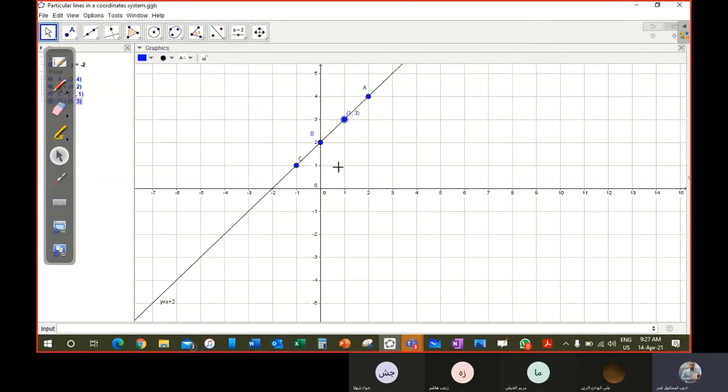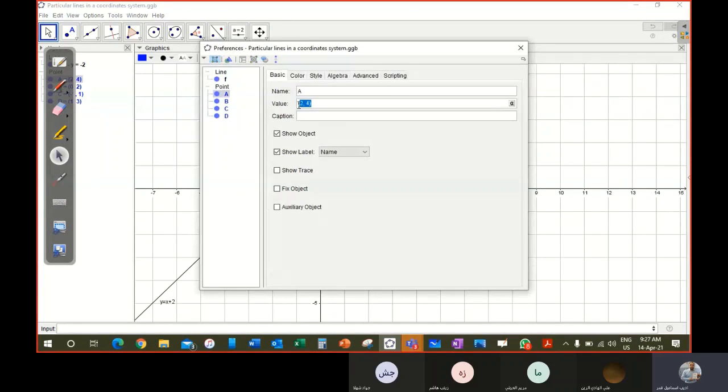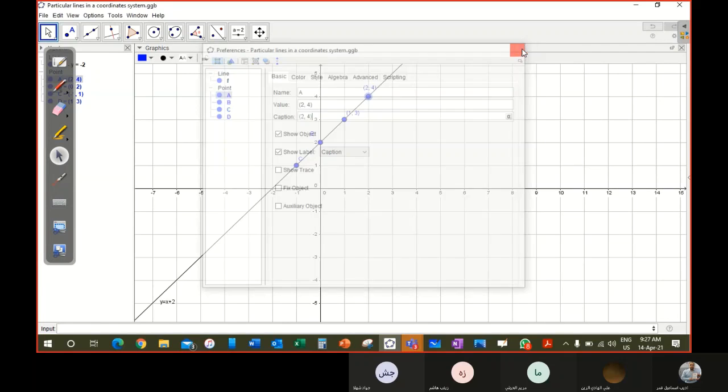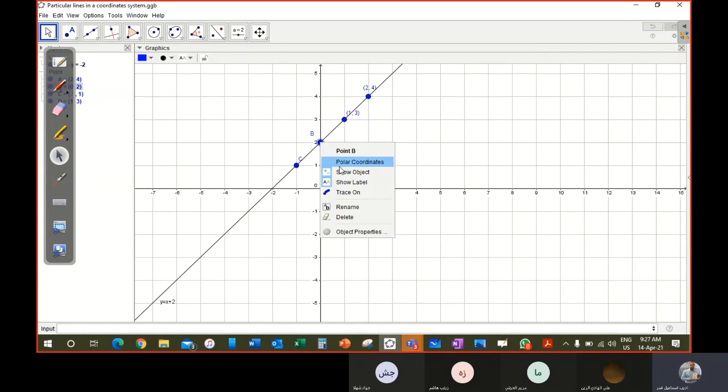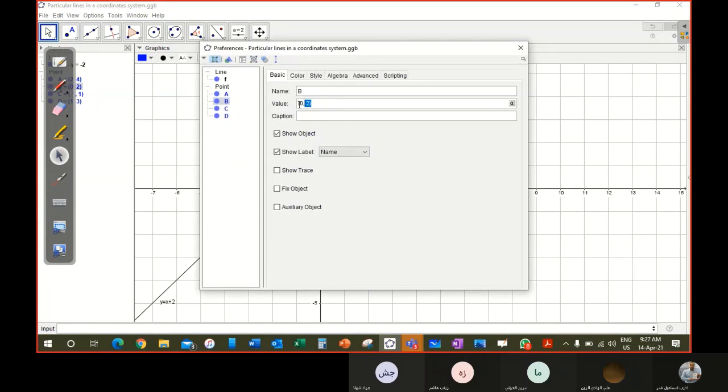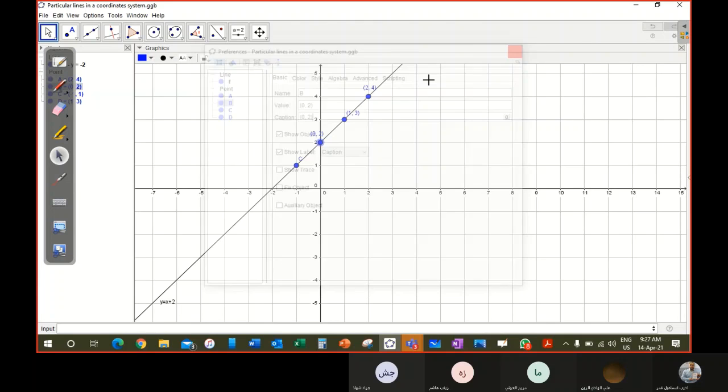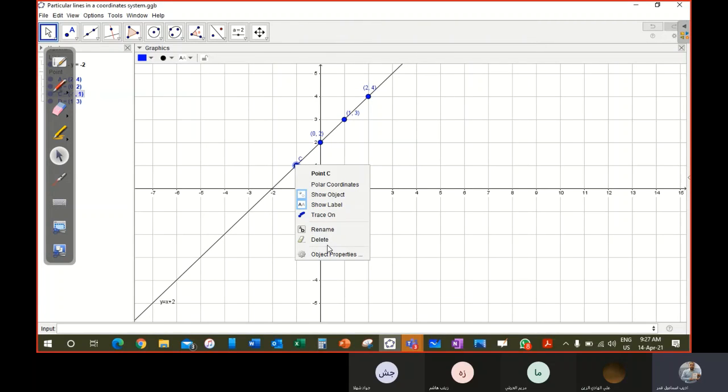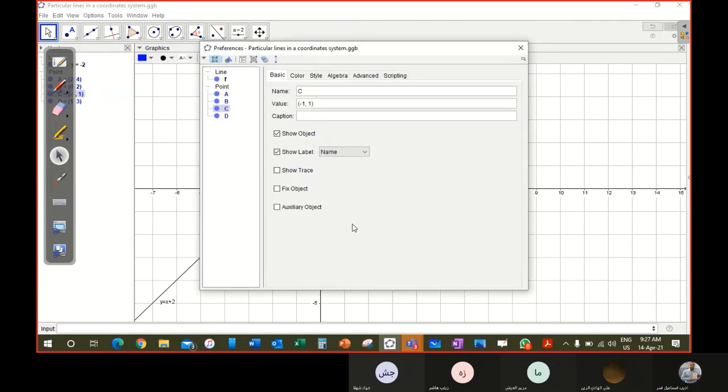This is point 2, 4, 0, 2, and minus 1, 1.